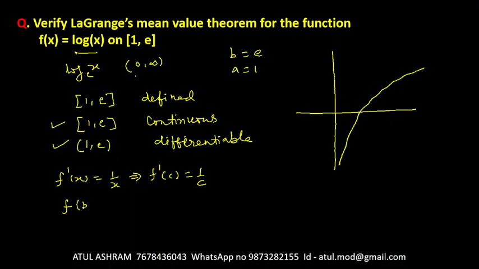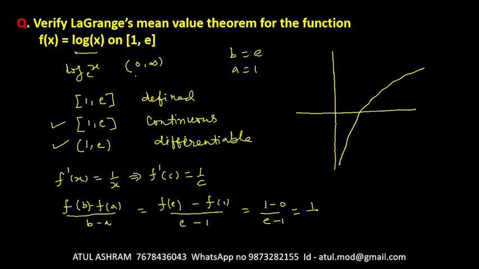So it is (f(e) minus f(1)) divided by (e minus 1). Right? What is f(e)? What is log of e? It is 1. What is log of 1? It is 0. So (1 minus 0) divided by (e minus 1). That is 1 divided by (e minus 1).